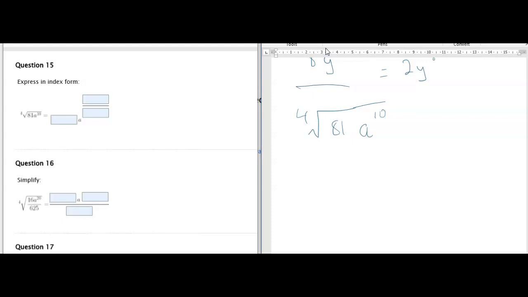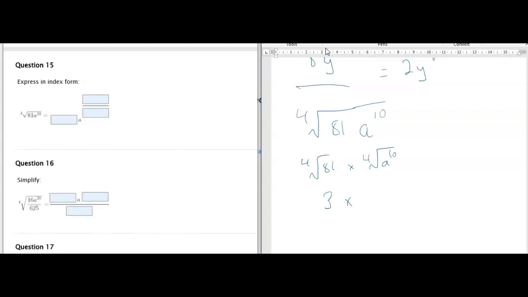So this is basically going to be the fourth root of 81, and we also have to do the fourth root of a to the power of 10. If you separate them, sometimes it's easier to see. The fourth root of 81, I think, is 3. Let me just check. 3 times 3 is 9. 9 times 3 is 27. And then 27 times 3 gives me 81. Good. So that's going to be 3.